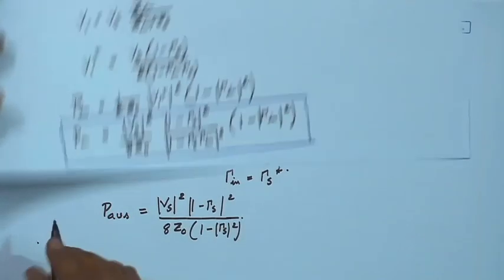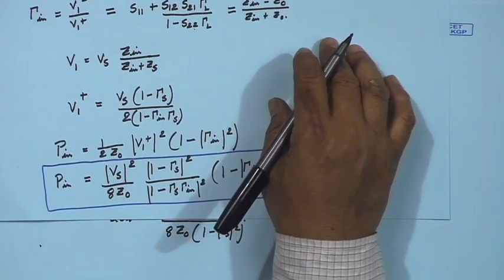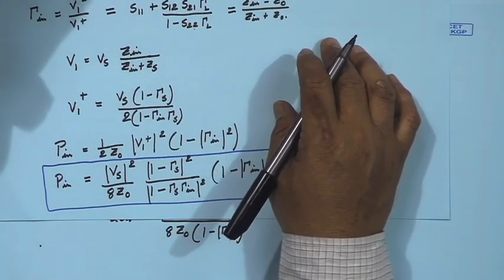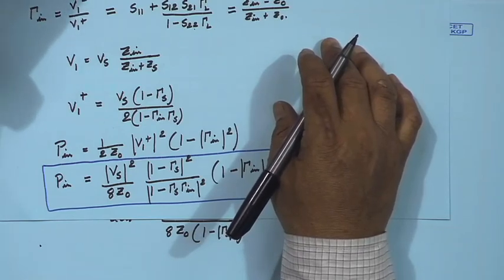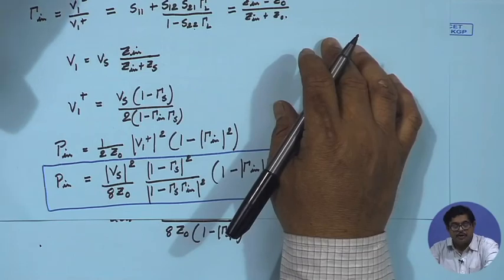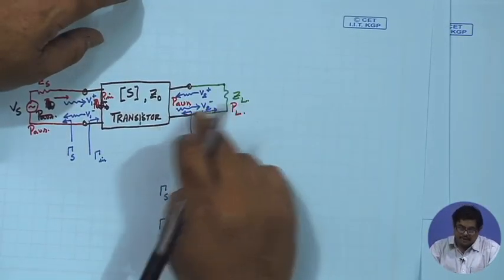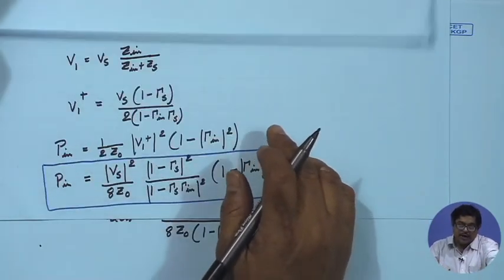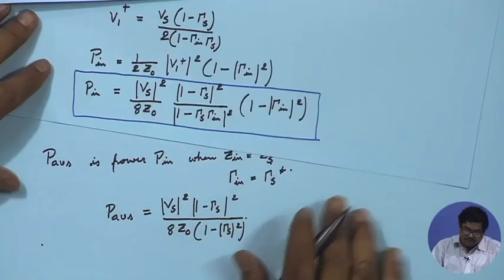Similarly, what is P A V n? P A V n is the maximum power that can be transferred to the load, available from this network, and that can be transferred to the load when this side is conjugately matched. Again I have the P L expression, and there I will have to put the conjugate matching.